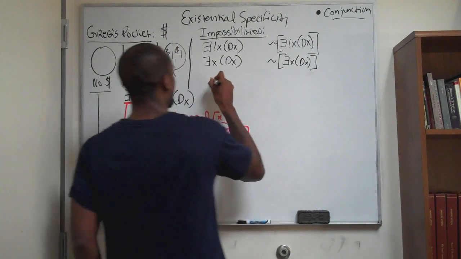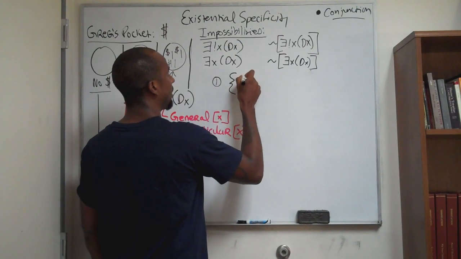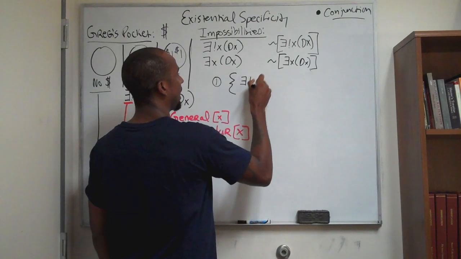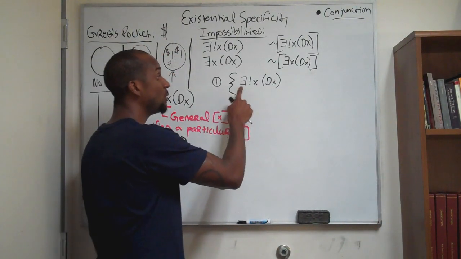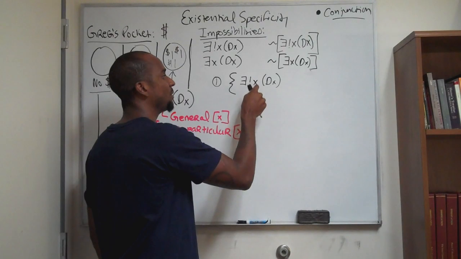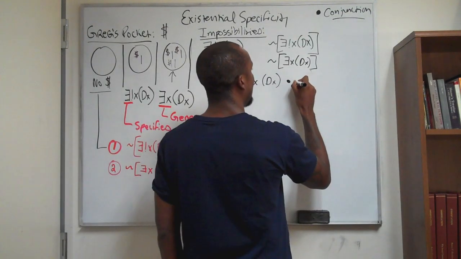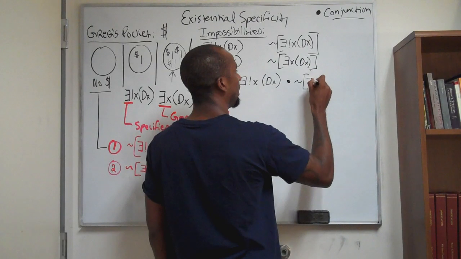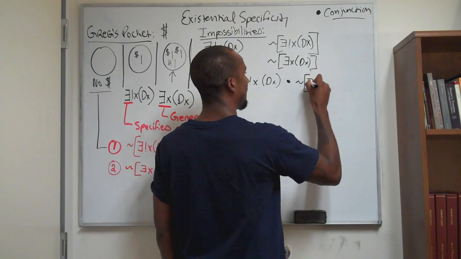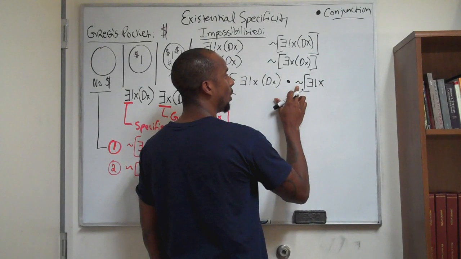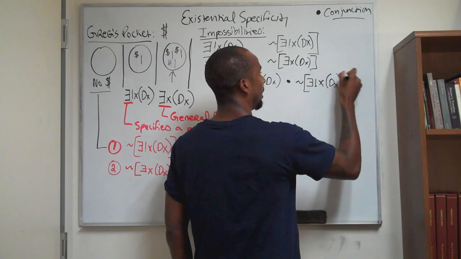So the first impossibility would be the state of affairs where I attempt to conjoin the uniquely specified existence of x such that that x is $1, with the denial of exactly the same thing, the denial of a uniquely specified x such that that x is $1, right?